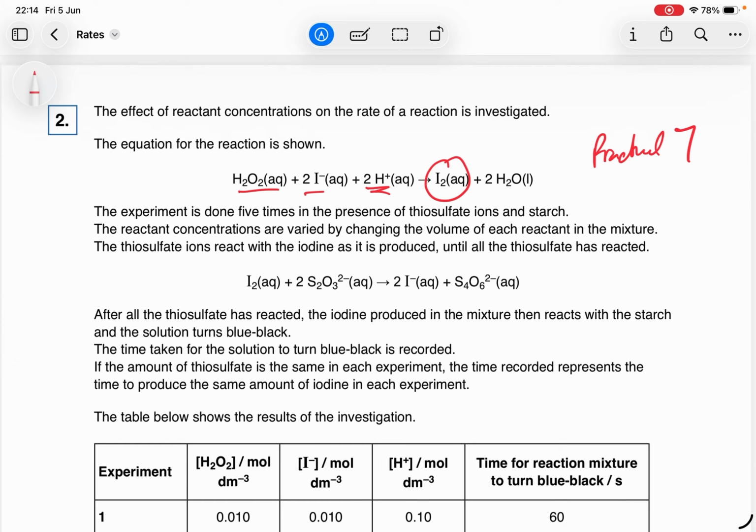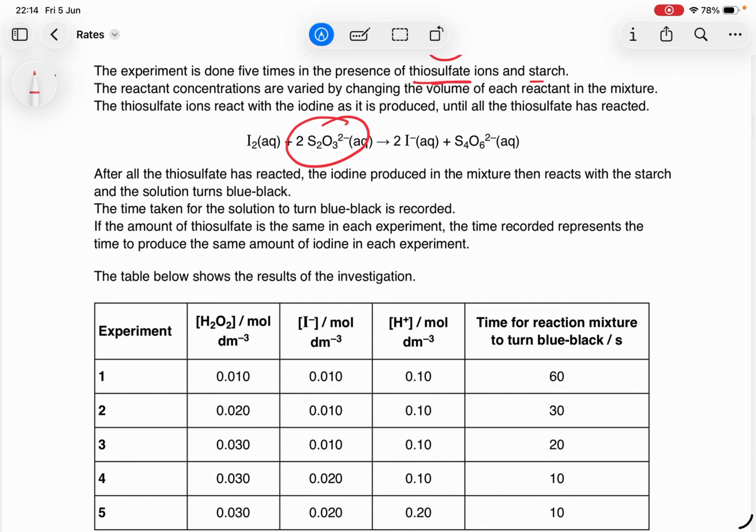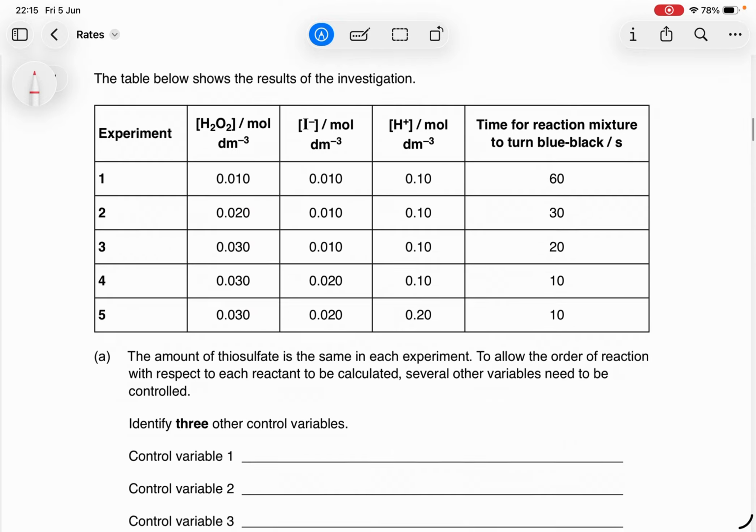So the experiment is done 5 times in the presence of thiosulfate and starch. The reactant concentrations are varied. After all thiosulfate has reacted, iodine produced reacts with starch to produce blue-black, and that will be the color change observed, and you will stop the timer at that time.